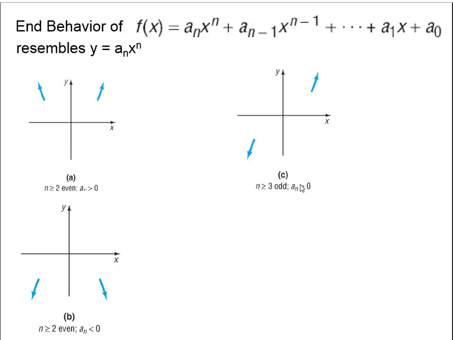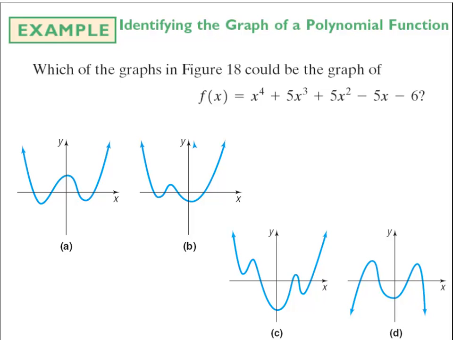If that leading coefficient is positive, it's going to increase. And if the leading coefficient is negative, then it's going to decrease. So, first tool of analysis: based on its degree, we know what it looks like at the ends of the graph.